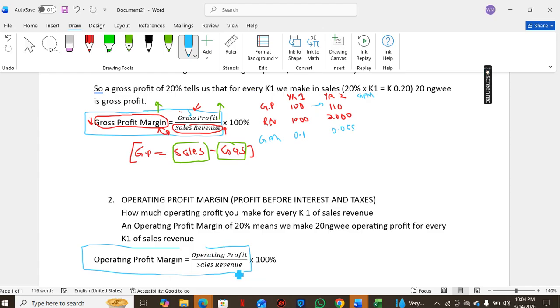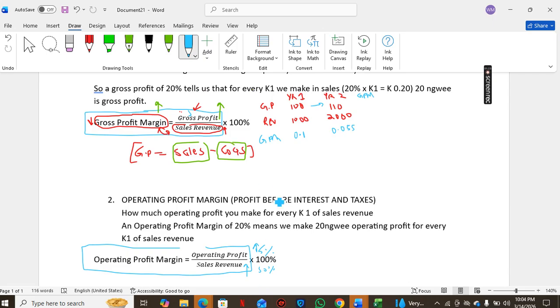Okay, the sales revenue, let's say, grows by 50%, and your operating profit just grows by 5%. Your ratio will drop. You'll be making less operating profit for every sale.